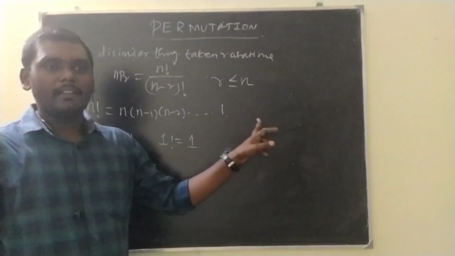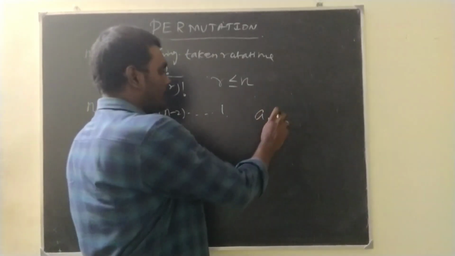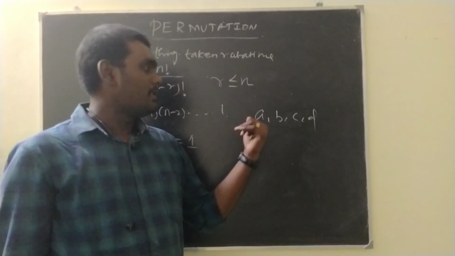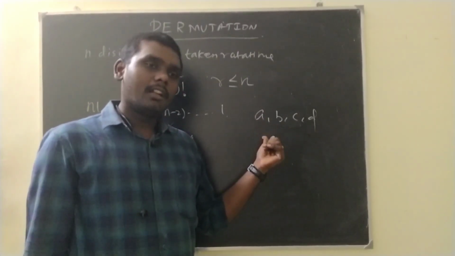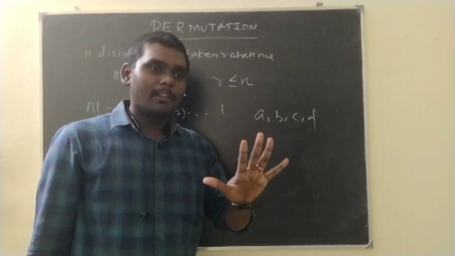For instance, I wrote previously A, B, C, D. Taken r at a time means taken 3 at a time. Likewise, you may think taken 1 at a time, 2 at a time, 4 at a time. Is taken 5 at a time possible?